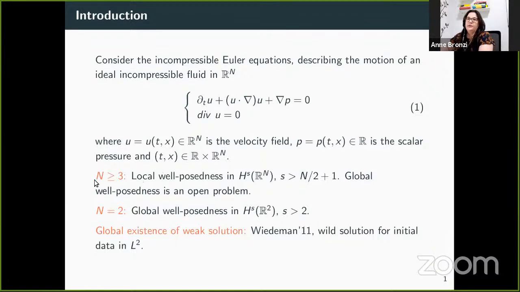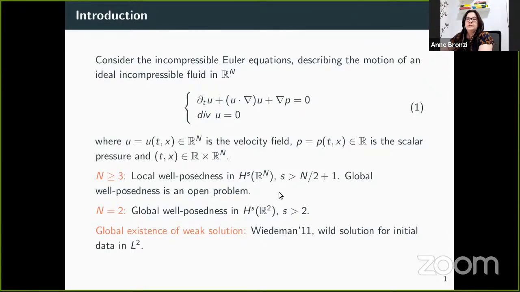It's very well known that for dimension greater or equal to 3, we have only local well-posedness in H^s for s bigger than n/2 plus 1, and global well-posedness is still an open problem. For dimension 2, we actually have global well-posedness in H^s for s bigger than 2.